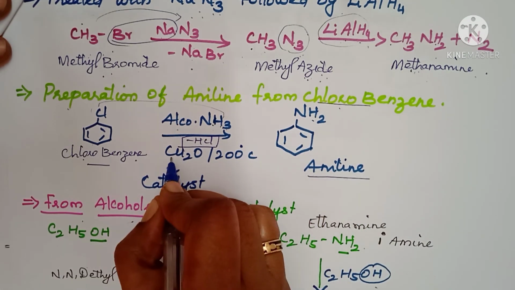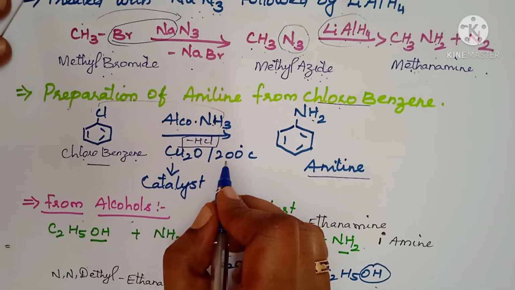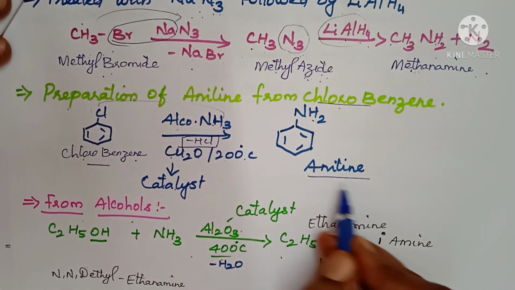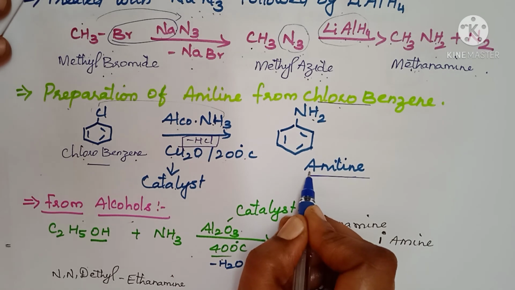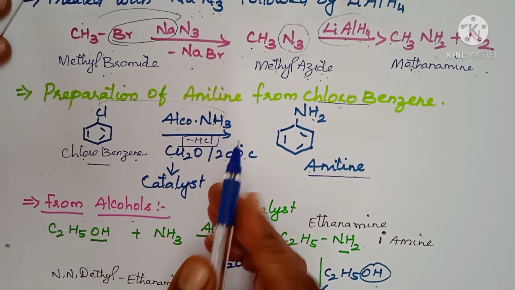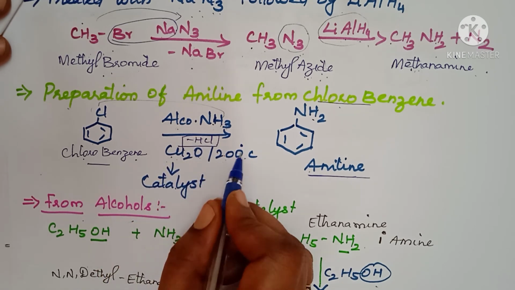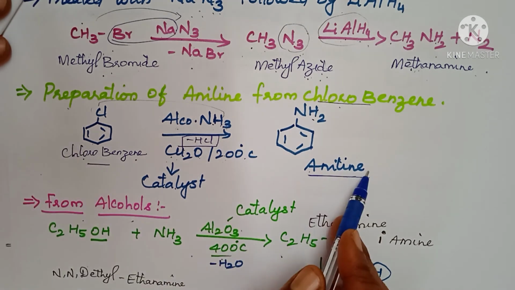Here Cu2O is a catalyst, and we are giving the temperature 200 degrees Celsius. Okay, here what is it? Aniline. So chlorobenzene is converted into aniline in the presence of alcoholic NH3, and we are using the catalyst Cu2O and 200 degrees Celsius. Hope you got it. This chlorobenzene converted into aniline.